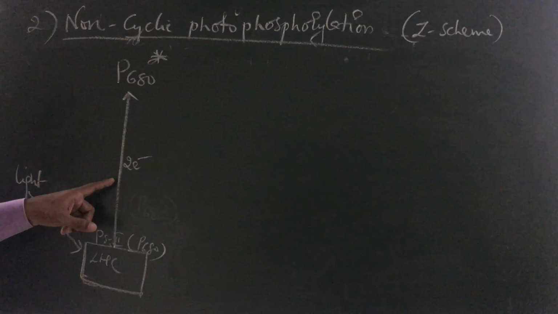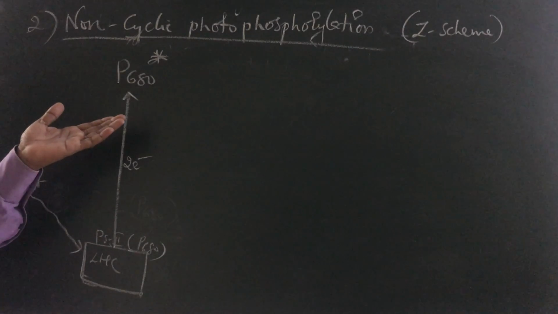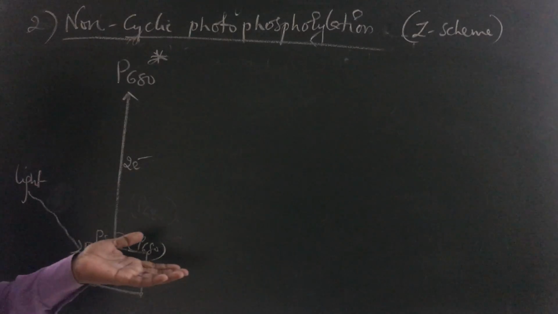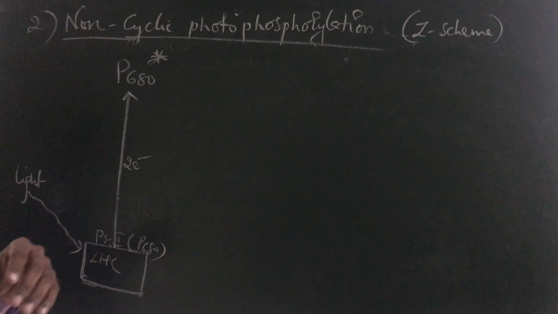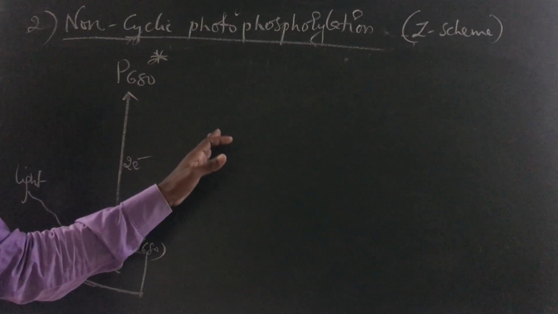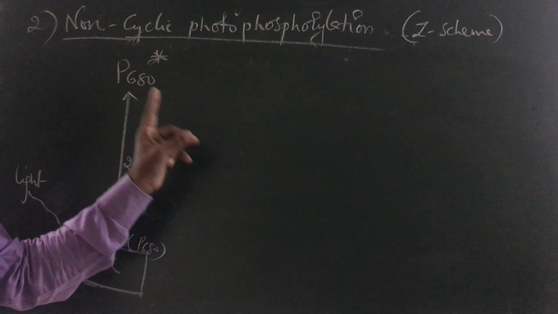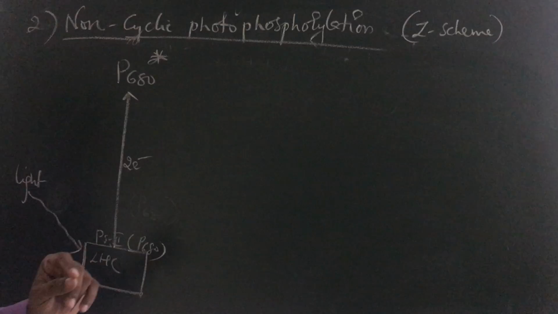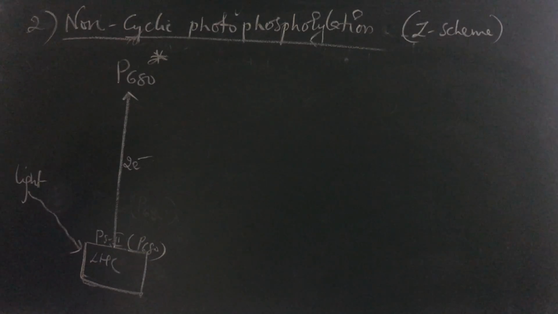As the electrons move to higher energy states from one orbital to another, they are accepted by different electron acceptors, just like in the cyclic photophosphorylation. Okay, right. Now, how is the movement?